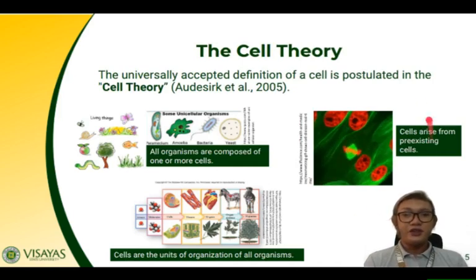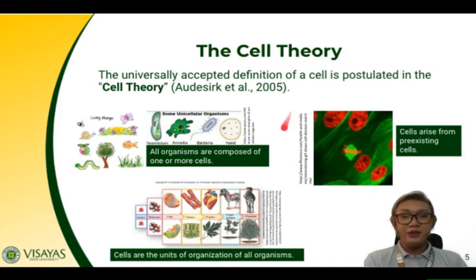And the third postulate is that cells arise only from pre-existing cells, at least in modern times. Because if we take a look back at the evolution of a single cell, we could be stating a different approach for that, which we will talk about later on when we go to the evolution.